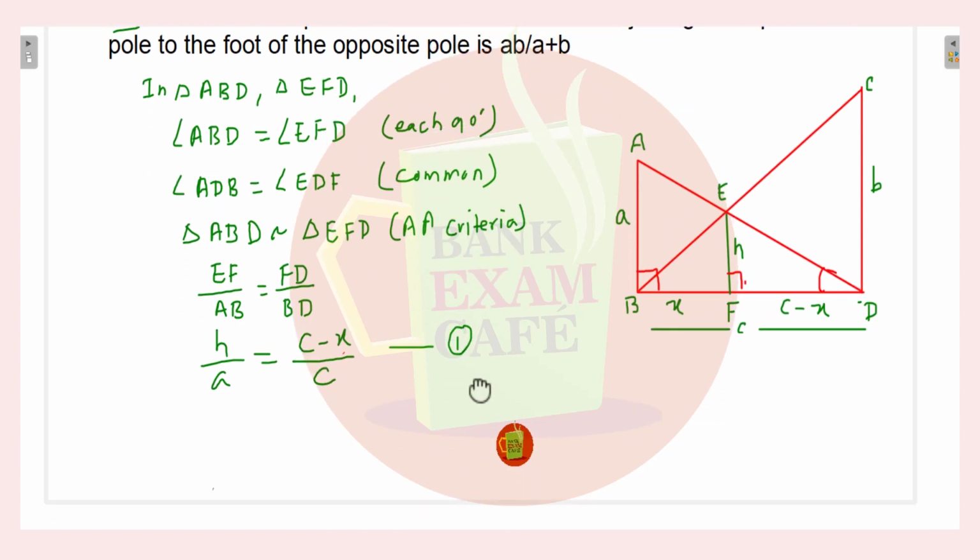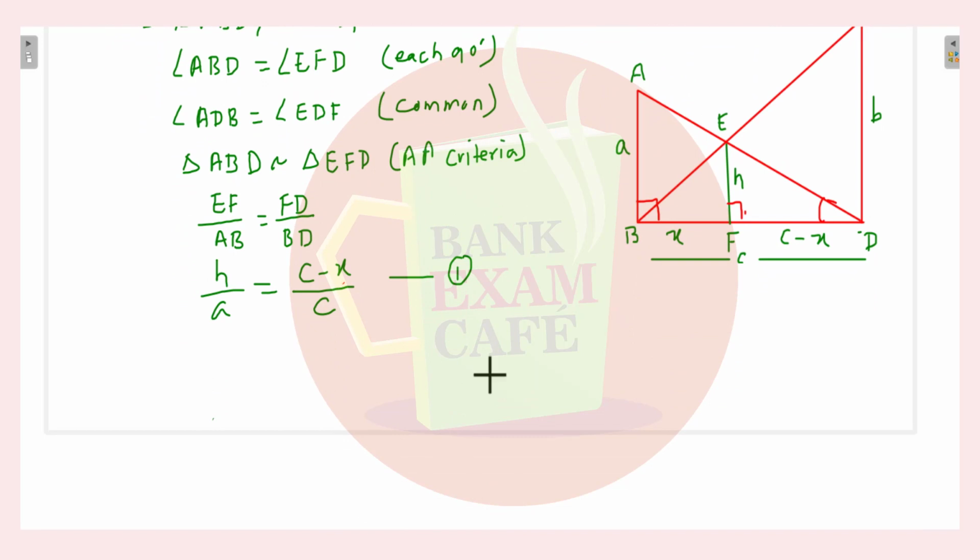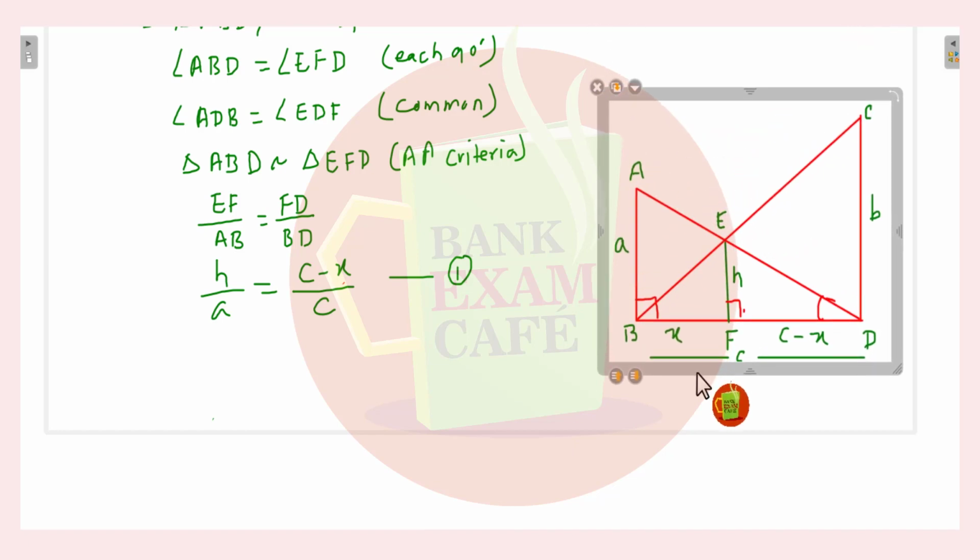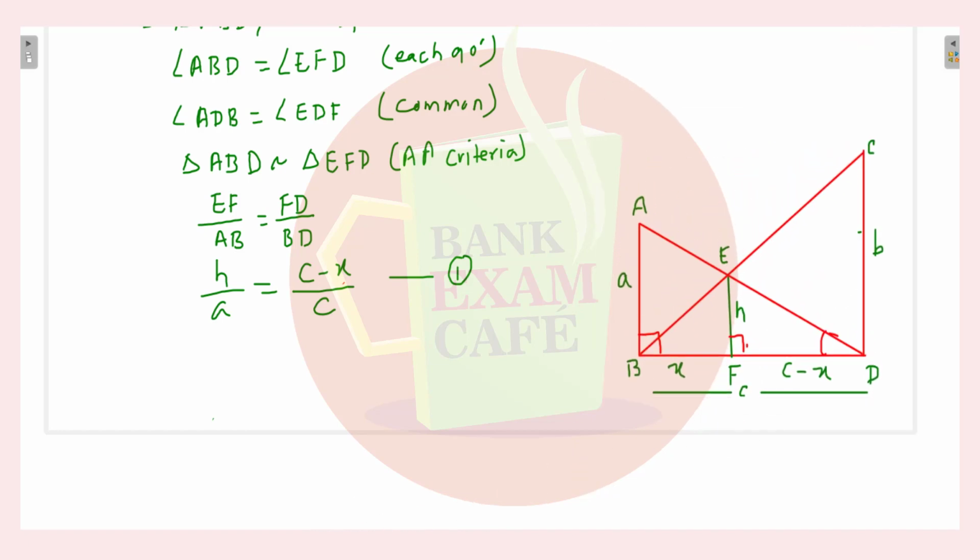Now similarly here we can prove that triangle CDB and triangle EFB are both similar, because this is 90 degrees, this is 90 degrees, and angle B is common to both the triangles. But instead of writing this, we just write similarly.